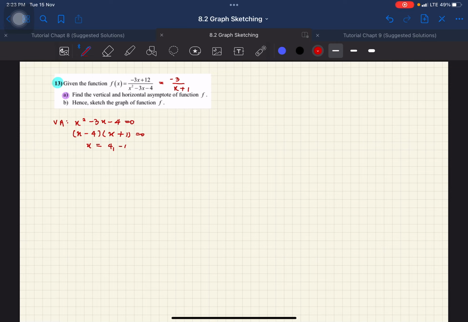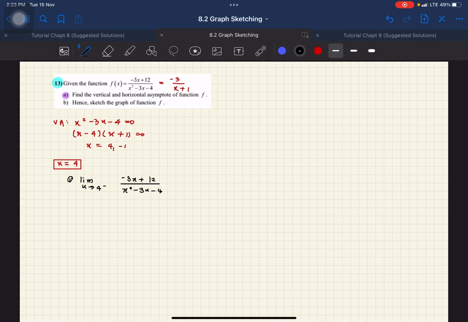Let me try x equals 4 first. I will find the limit as x approaches 4 from the left of negative 3x plus 12 over x squared minus 3x minus 4.